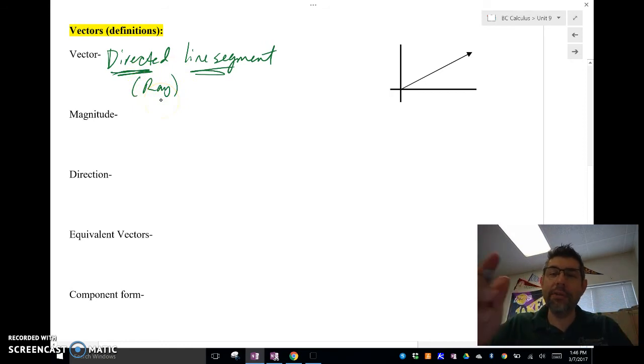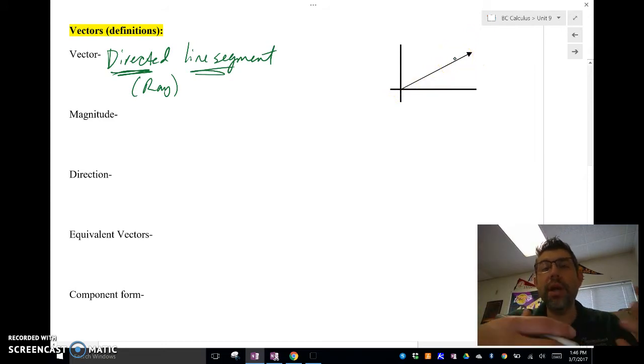You see we have a line segment here with an arrow at the end. The arrow tells me what direction it's going in, because if I had this line segment in the same place with the arrow the other way, it means it's going in the other direction, and that means something very different, because again, a vector has magnitude and direction. Both of them are important for a vector. So there is my vector.